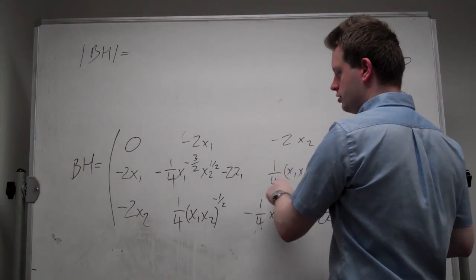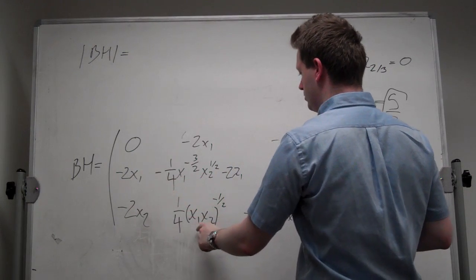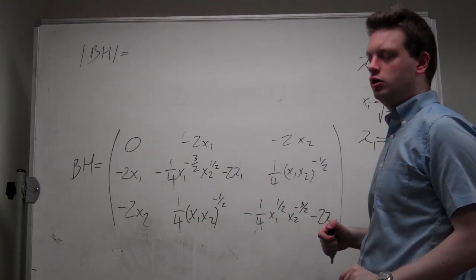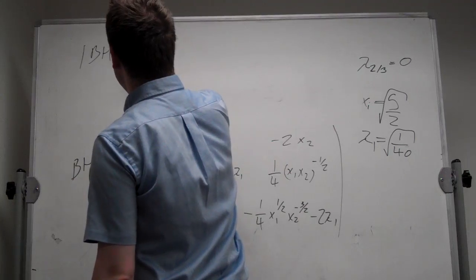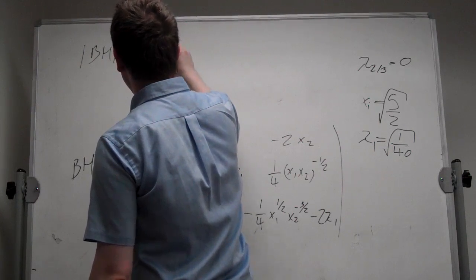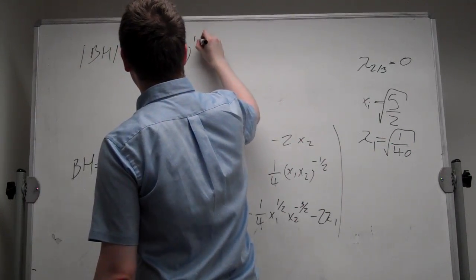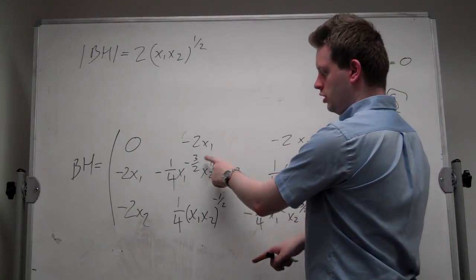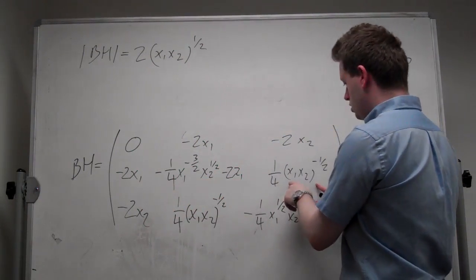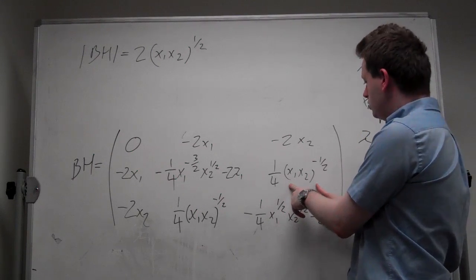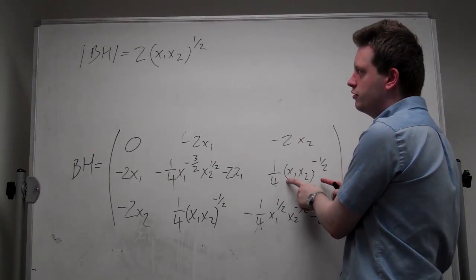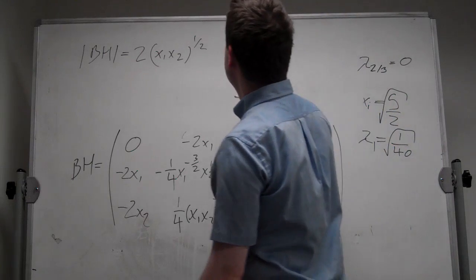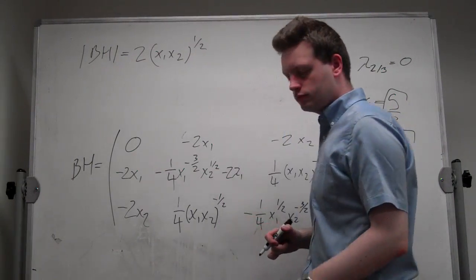Then we have this term times this term times this term, and this term times this term times this term. But they're both the same. Join them together, we get 2 x1, x2 to the 1 over 2. Note that x1 times x2 times the negative of the square root of the 2 just gives us the square root of the 2. Right? Okay, we have this term.